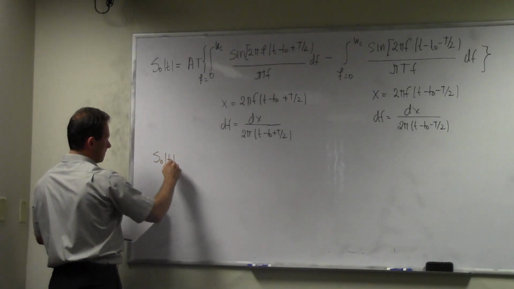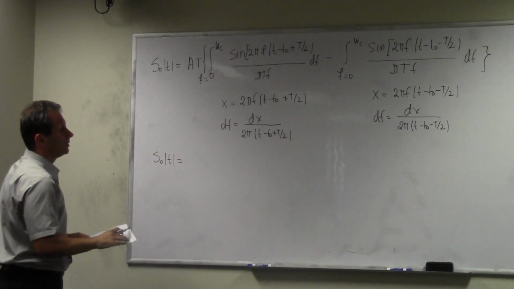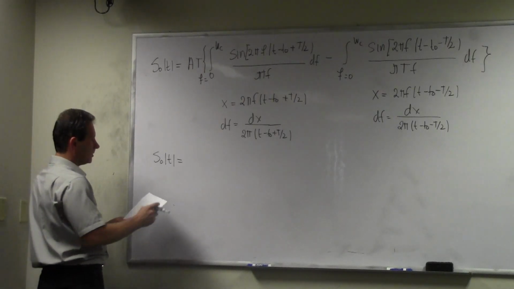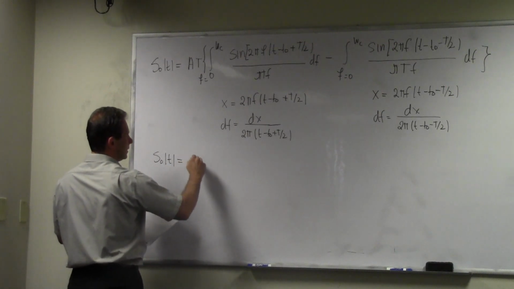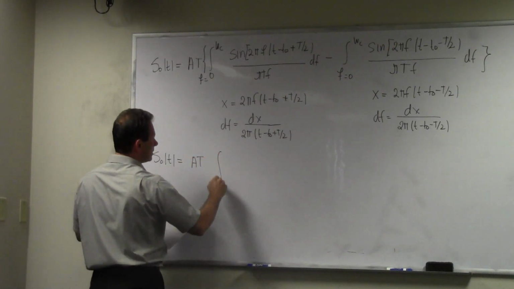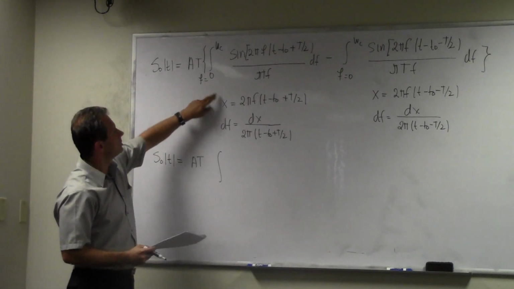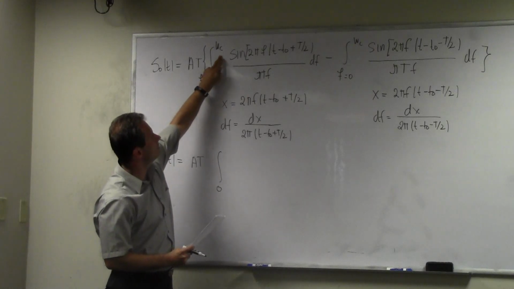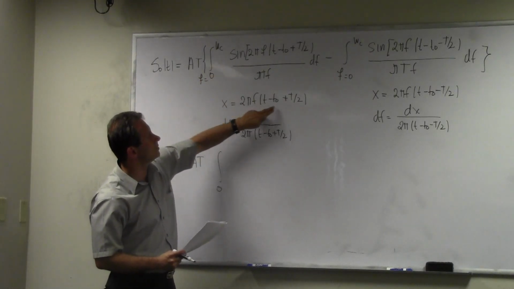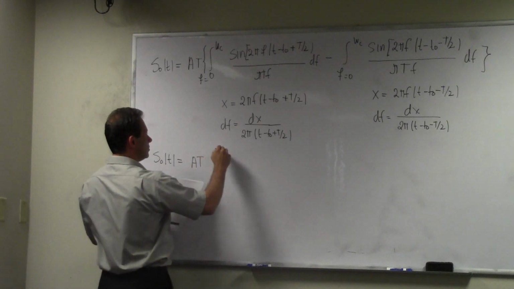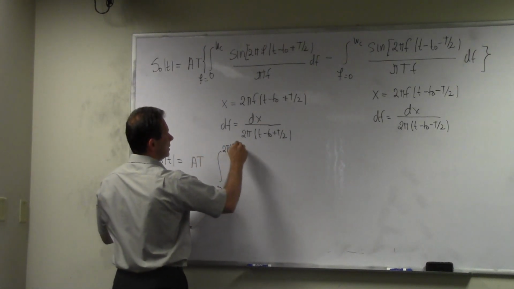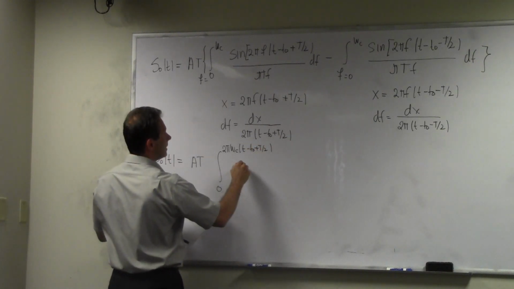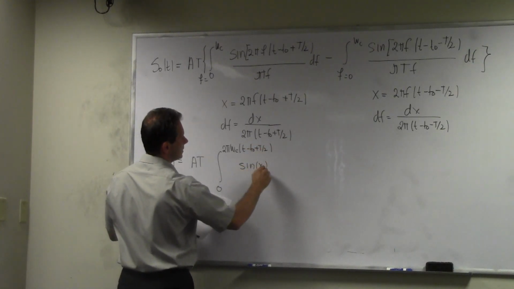So s0(t) is equal to, now this is just a couple more lines, and then it becomes quite neat. A T, now integral, when f goes from 0, x is 0. When f is equal to Wc, x is 2 pi Wc times (t minus t0 plus T over 2). And then I have sine of x.